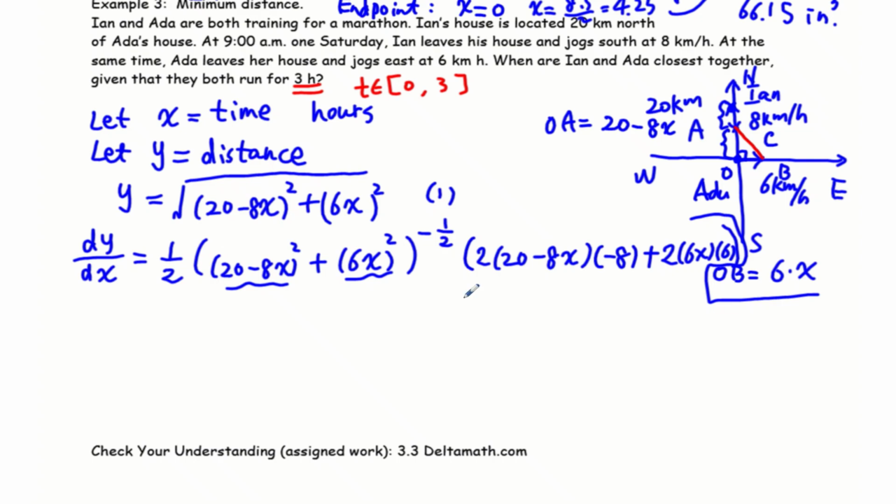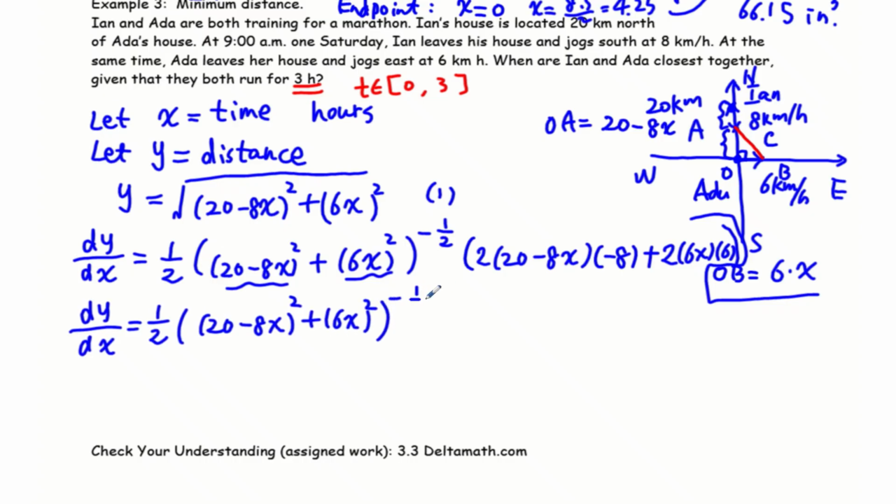So this is a chain rule. We do the derivative. Then after that, we are going to simplify: dy over dx equals 1 over 2 times ((20 minus 8x) squared plus (6x) squared) to the power negative 1 over 2. Then negative 2 times negative 8, then times 20, negative 320. 2 times negative 8 is 128.